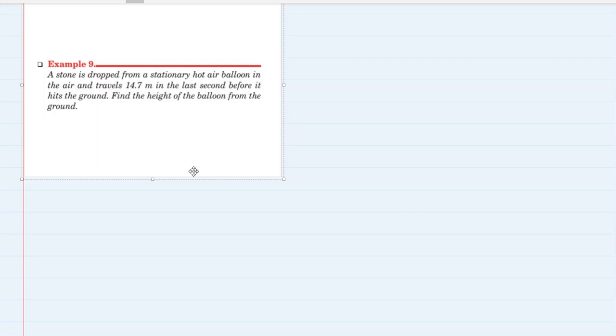Find the height of the balloon from the ground. Cool. So here we know one thing, that the distance traveled in the nth second is 14.7 meter, and the acceleration due to gravity is 10 meter per second square approximately.